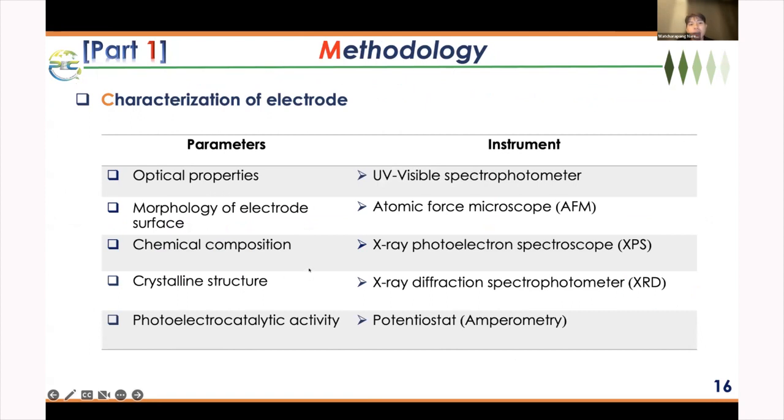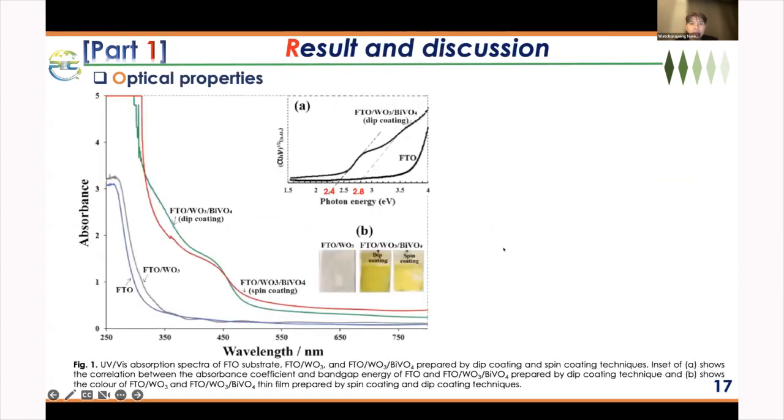You can see the parameter study from this slide. And next, the results and discussion. This slide shows the UV-visible absorption spectra of FTO substrate, FTO tungsten oxide, and FTO tungsten oxide bismuth vanadate prepared by the dip coating technique and the spin coating technique.